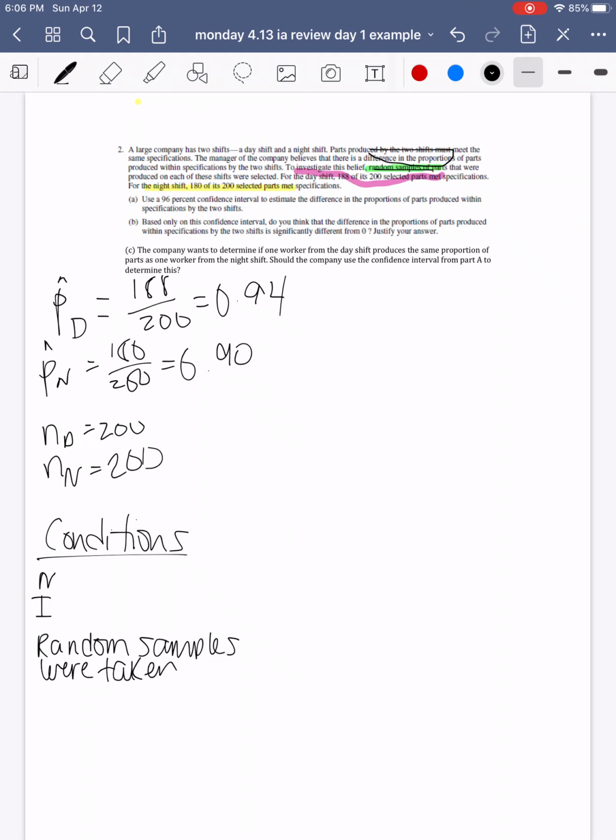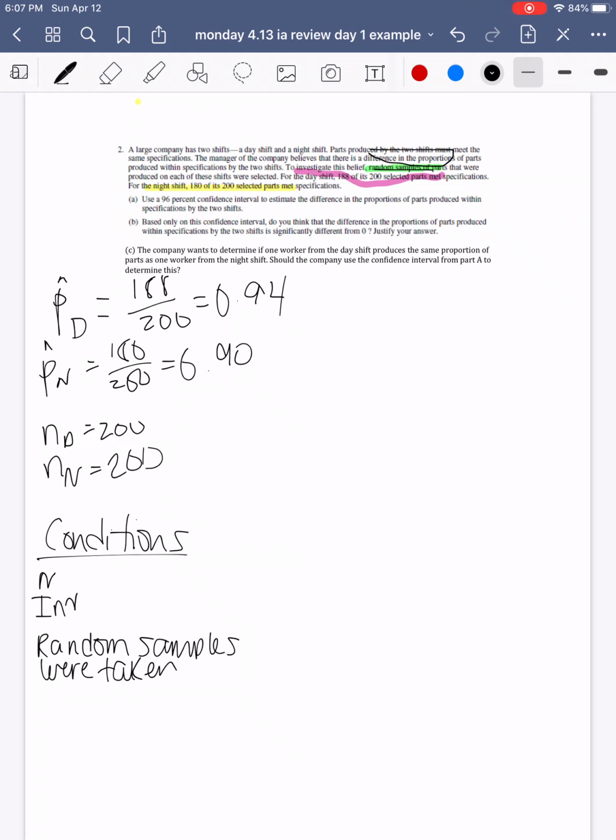Just because this is an FRQ and you have to be as specific as possible, let's be as specific as possible. So for our independence here, we need our sample over the total population. Since the sample sizes are both 200, we assume independence basically because we know that they're making a ton of product.